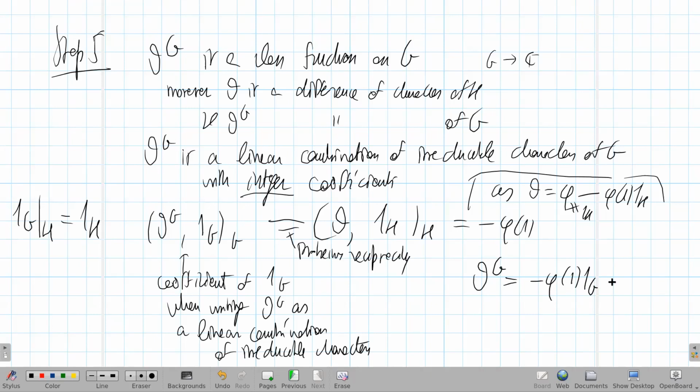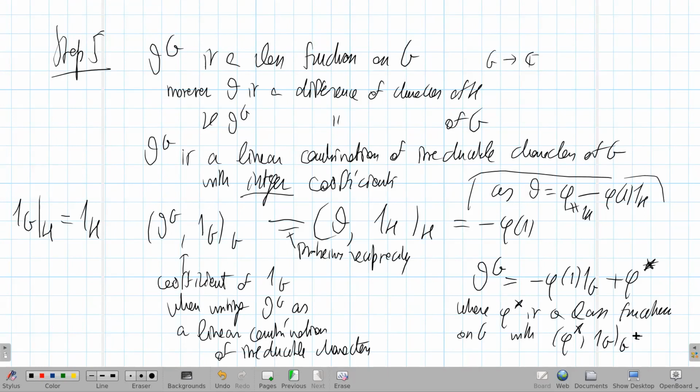plus phi star, which is another class function on G, actually a difference of characters. What's important is that it does not contain 1_G anymore, because the number of times 1_G appears in theta^G is exactly minus phi(1).